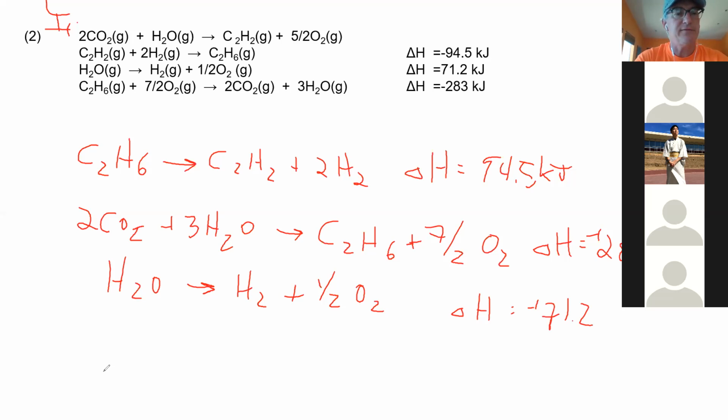All right, now let's see if we can actually add these together. So what's the first thing we want to look for? Things that are in common as reactants and products, and then we can get rid of those. So is there anything we can get rid of? C2H6. Yeah, I agree. So C2H6 can go.